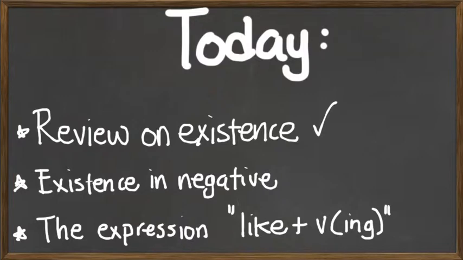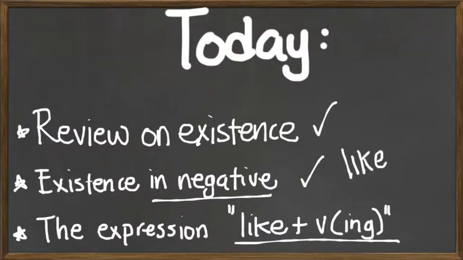We're going to make a little review on that, and then we're going to move on to the existence in negative, its negative form. Finally, we're going to check the expression like plus verb plus ing, such as like swimming.